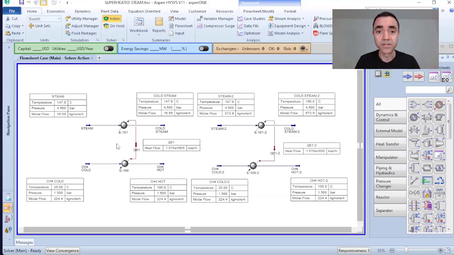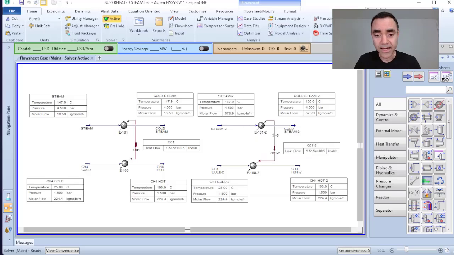When we are talking about heat exchanging, it's important to verify the conditions. As I need to heat up the methane to 100 Celsius degrees, I need to guarantee that my steam is above this value. The heat exchanging is defined here based on the conditions, and on the steam side I have 4.5 bar, as we have seen in the previous step.